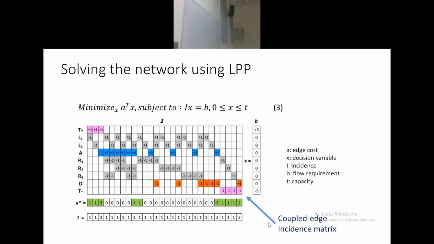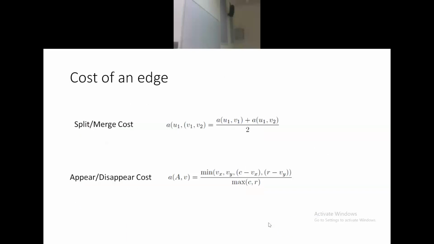And then there is a decision variable x. That decision variable x you need to solve with respect to the flow requirement. Flow means, if you consider this to be a network, the network will have a source node and a sink node. From the source node, a certain amount of flow gets into the system, right? And then all of them sink to the other end.